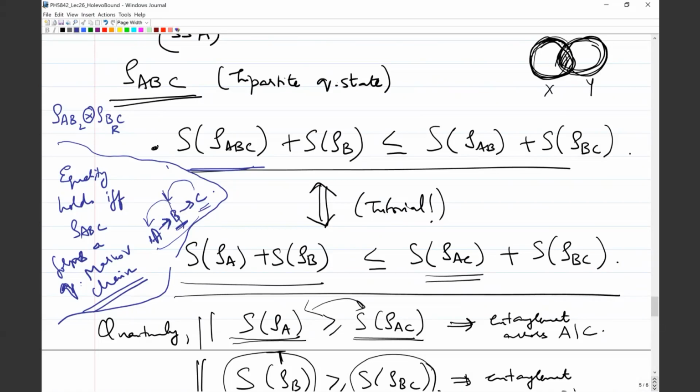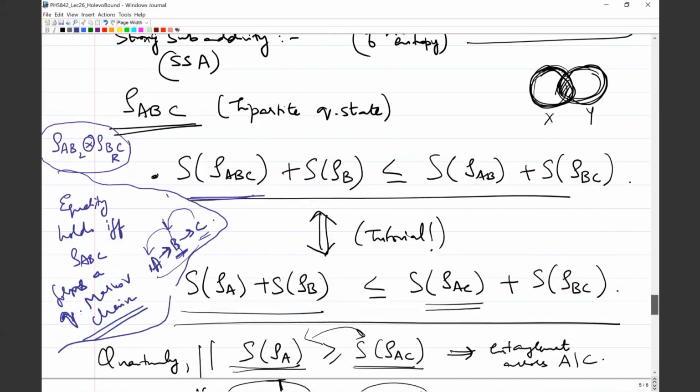I'm writing a very simplistic structure. There is more to it. There is a subspace and a subsystem structure and all that, but I just want to point out that in case you were wondering what the equality condition for strong subadditivity is, it is saying this.